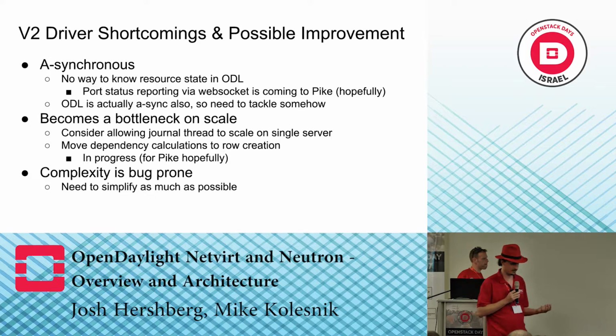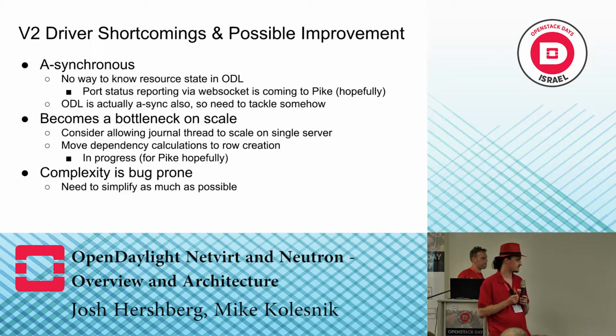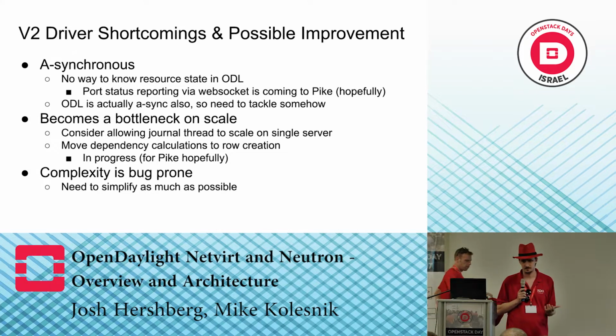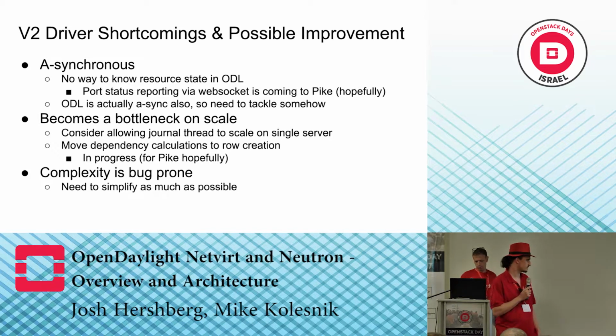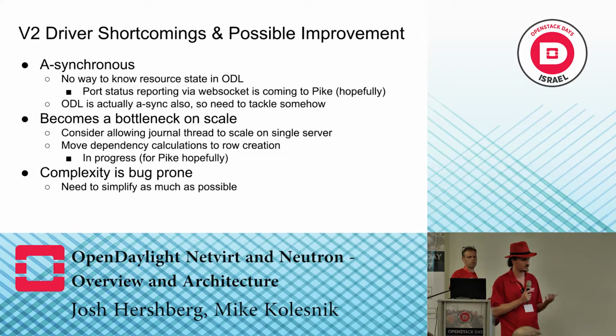We notice it becomes a bottleneck at scale, because we have this DB level locking and the dependencies calculated. So at a large scale, it does slow down a bit. We're also thinking about how to scale it on a single server, having the journal thread work better, and changing how dependencies are calculated. It's pretty much technical details, but just to allow better scaling of the solution.